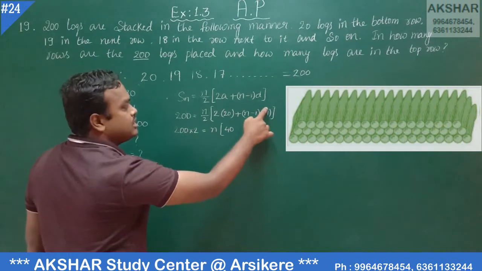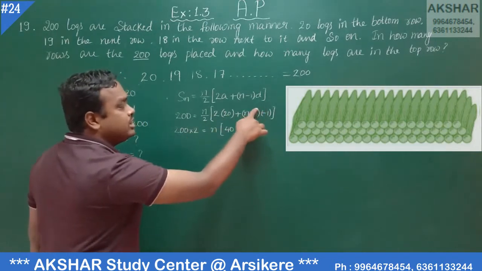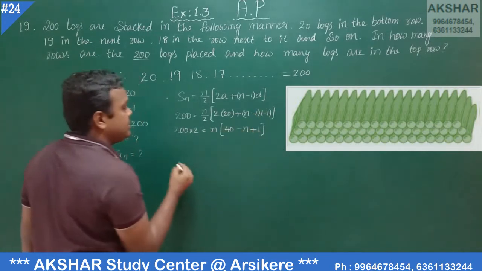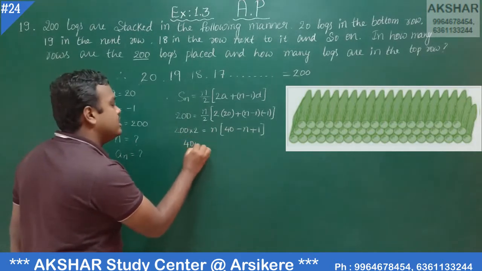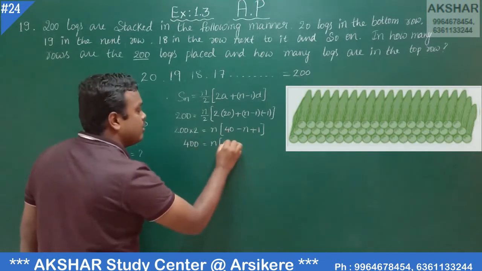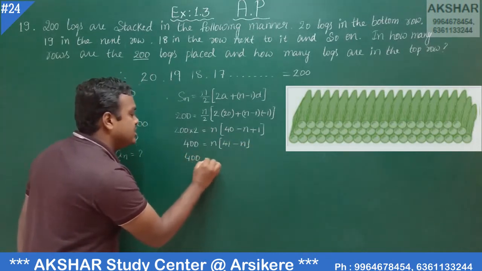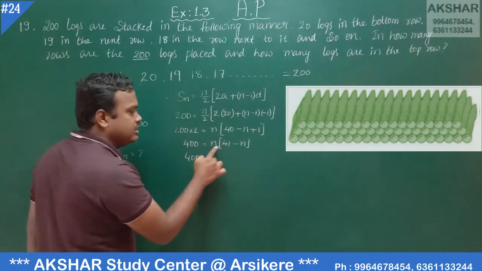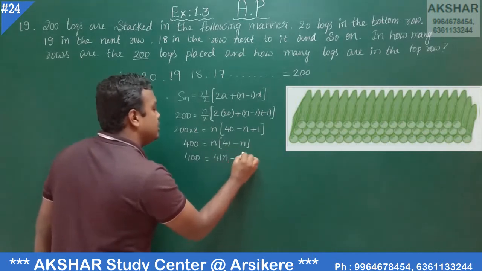Next multiply minus 1 into n, that is minus n, minus 1 into minus 1, that is plus 1, close the bracket. 200 into 2 is 400, which is equal to n into, within the bracket, 40 plus 1, 41 minus n. Now 400 is equal to, multiply here n into 40, multiply here n into 41, 41n minus n into n, n square.